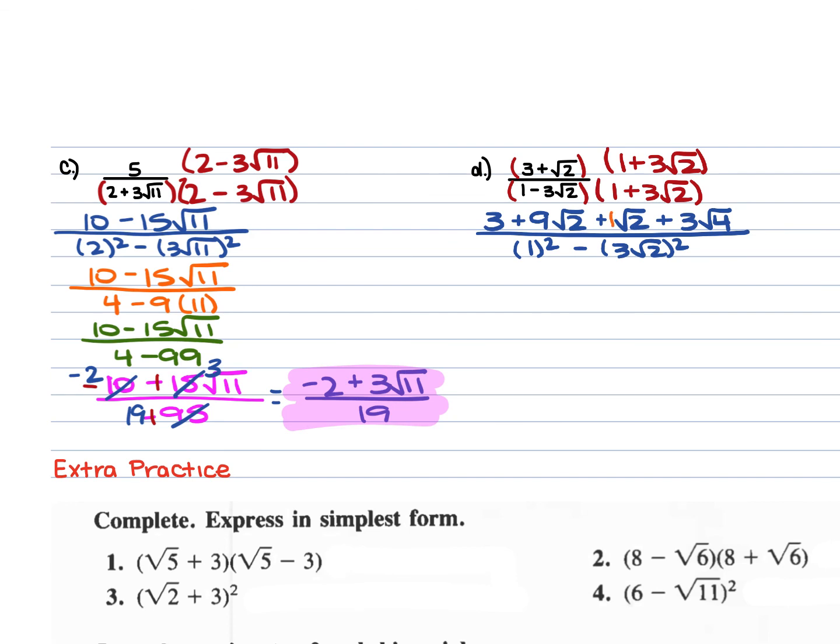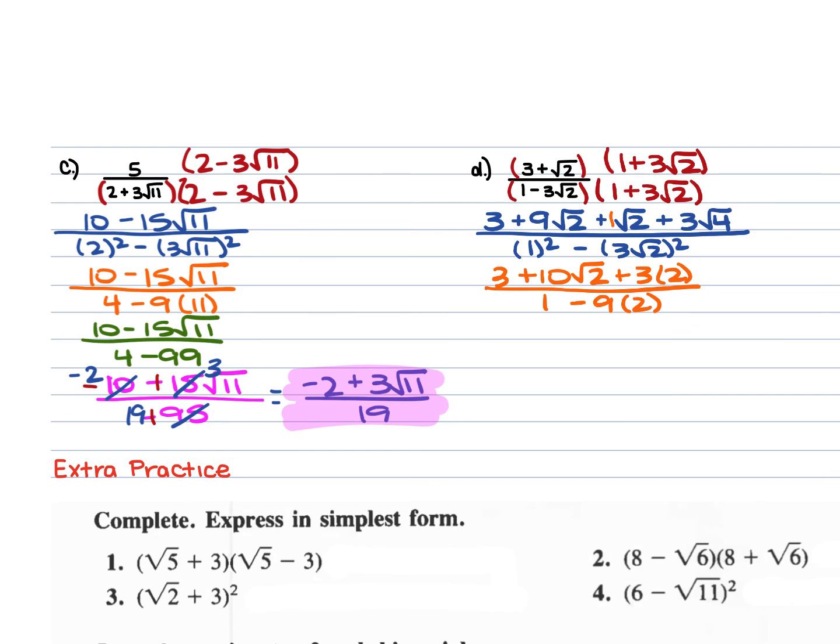On the top, we can combine those like terms and simplify that radical. So this gives us 3 plus 10 square root 2 plus 3 times 2. On the bottom, we're going to have 1 minus 9 times 2.